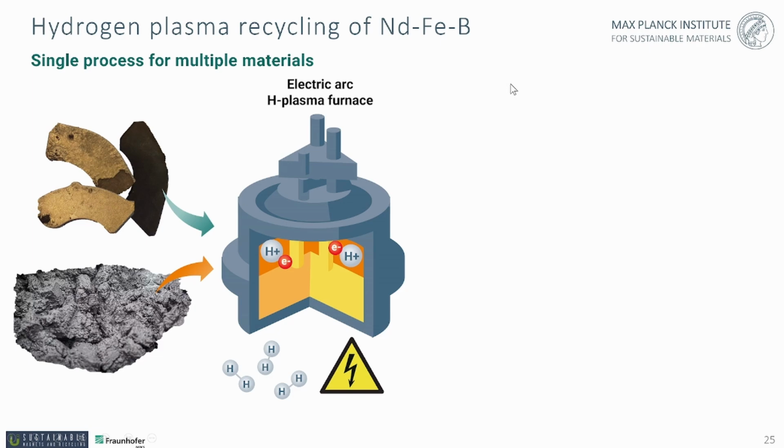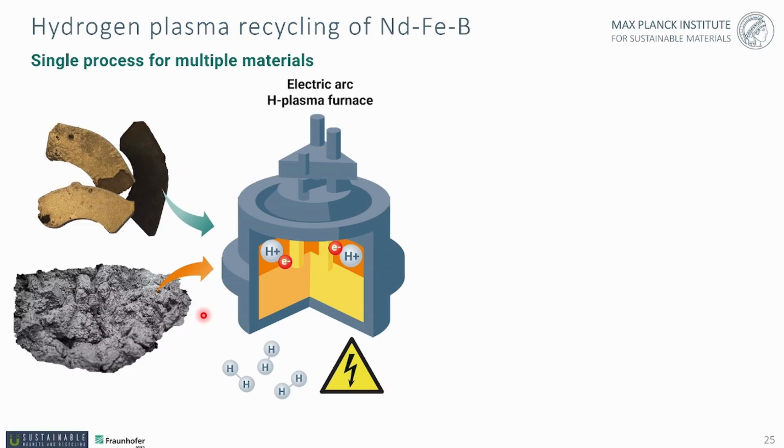Last but not least, we also look into the recycling of hard magnets that contain heavy rare earth metals, like for instance neodymium, dysprosium, and terbium. There are nowadays, of course, used magnets on the market, in part highly contaminated. Others are more clean when they come in big chunks.